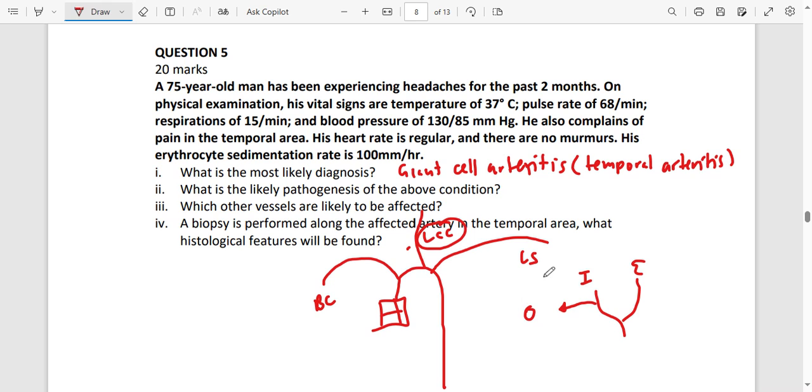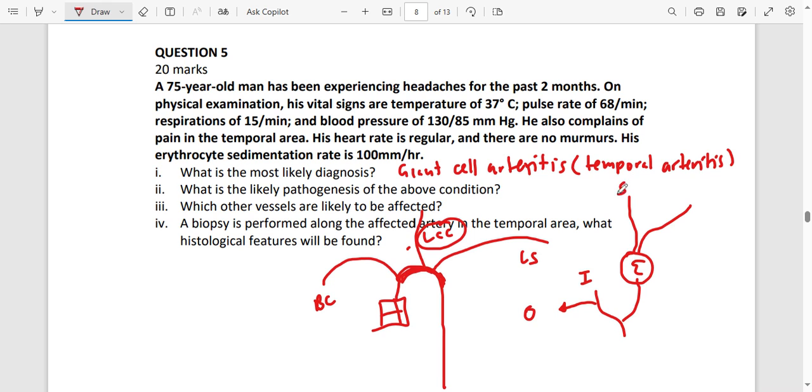Because in this condition we are affecting the aorta and its branches, all the branches that come from here can be affected. From the external carotid, the more important ones are the superficial temporal and then also the occipital.